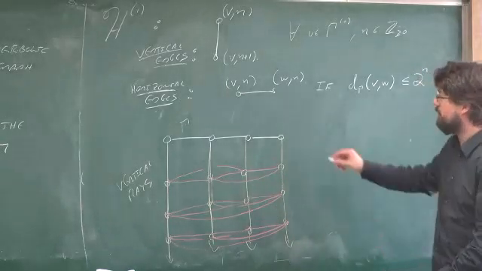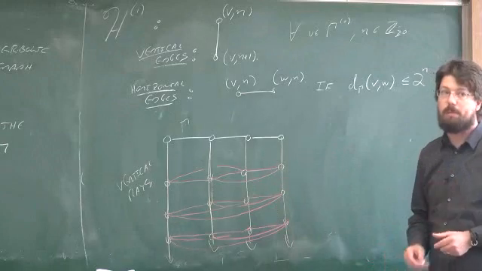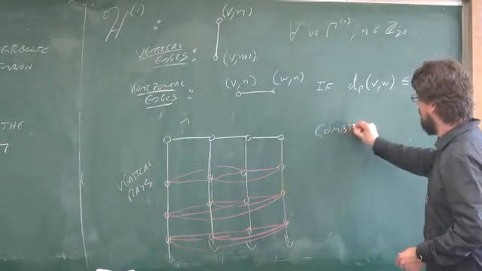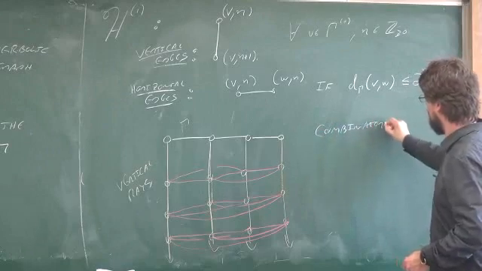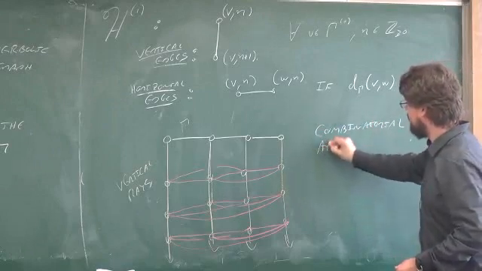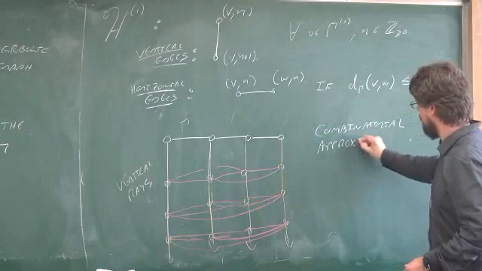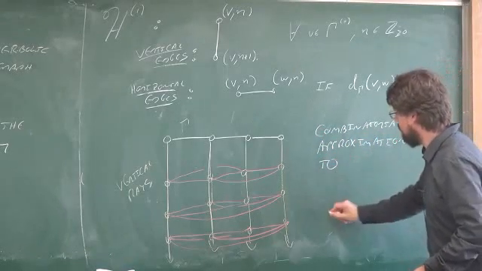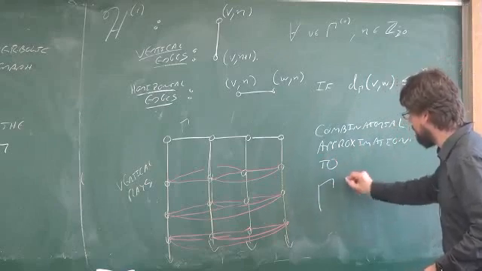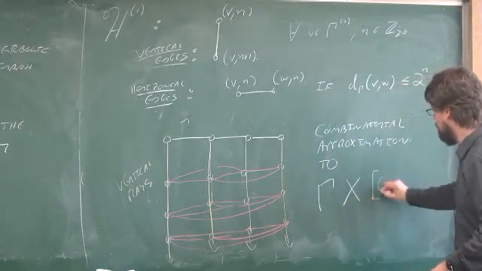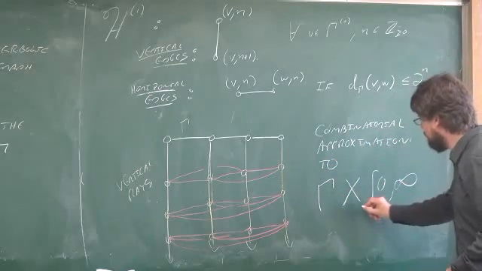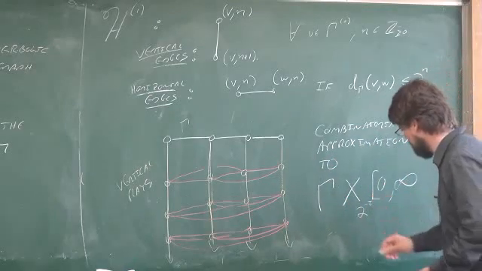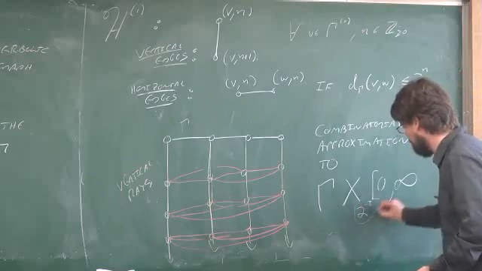So this is a combinatorial version of a warped product, a combinatorial approximation to taking a warped product. I've got gamma, and then I'm going across 0 to infinity, using a warping function 2 to the minus t.